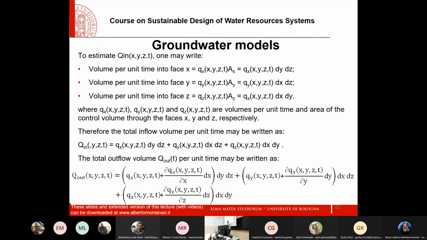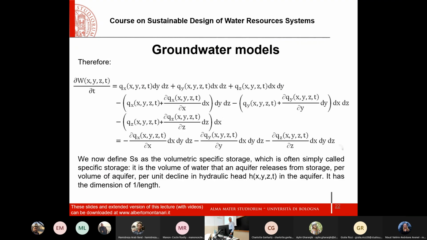Yes, because the lowercase q is divided by area. This is what I said. It's volume of water per unit area and unit time. Lowercase q is a specific flow, okay? It is what is called a specific flow. Of course, the dimensional homogeneity has to be verified. And this is why I use different symbols, upper Q and lower Q.